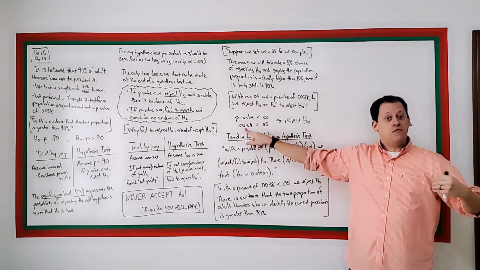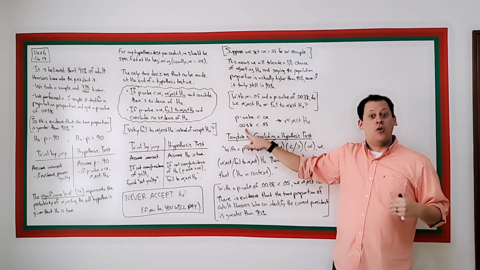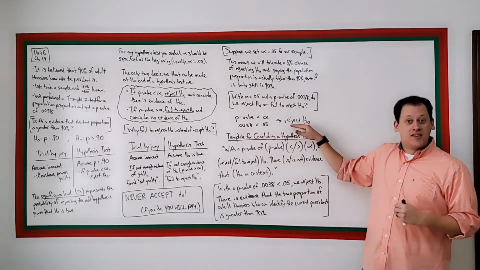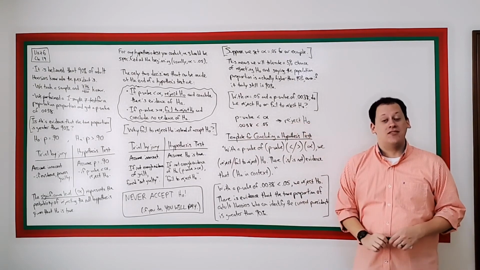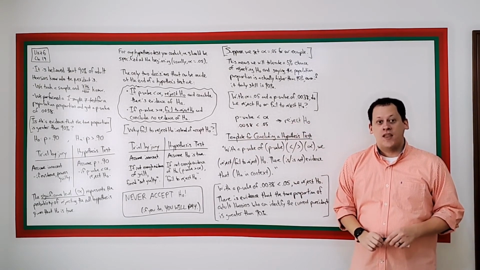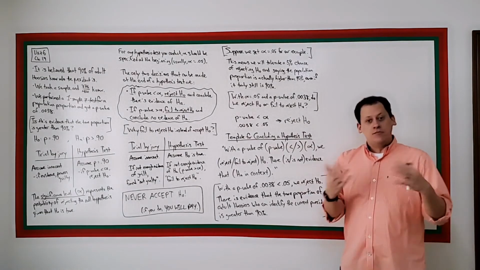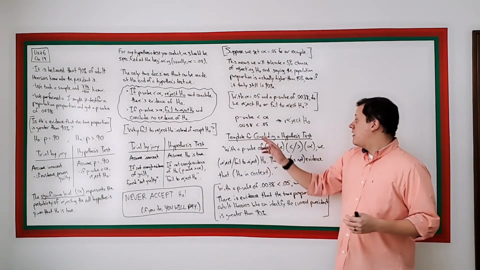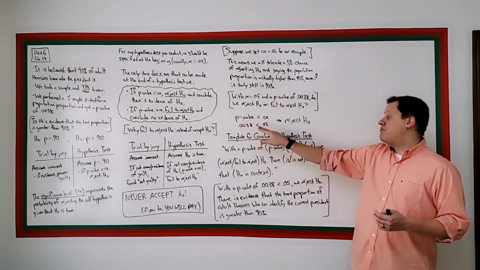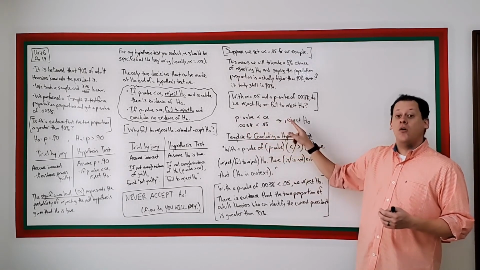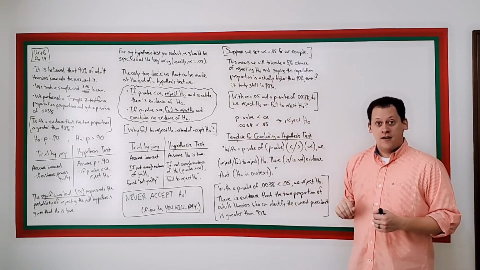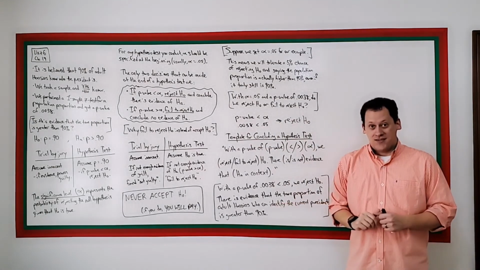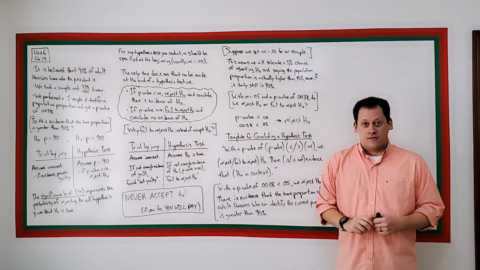Anything up to 5% would have led us to reject the null hypothesis and conclude evidence of the alternative. If there was an 8% chance of getting a sample proportion at least that high, 8% is bigger than alpha, we would fail to reject there and say there's not evidence of the alternative.